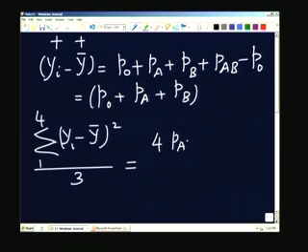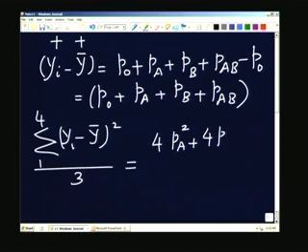I am sorry, I left out one thing here, plus PAB. So, 4 PA squared plus 4 PB squared plus 4 PAB squared, divided by 3.